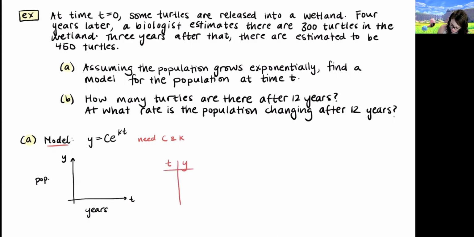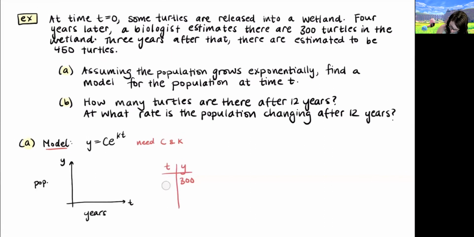Oh, sorry, I got the numbers confused. So 4 years from the beginning, when t equals 4, we have 300. Then 3 years after that, so 7 total years from the beginning, we've got 450.